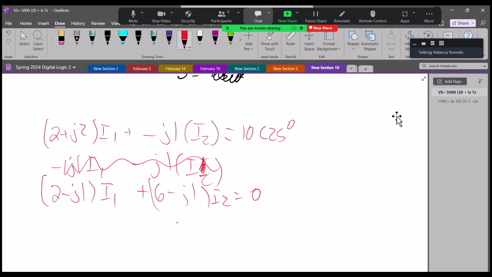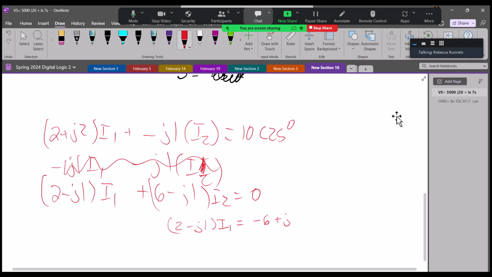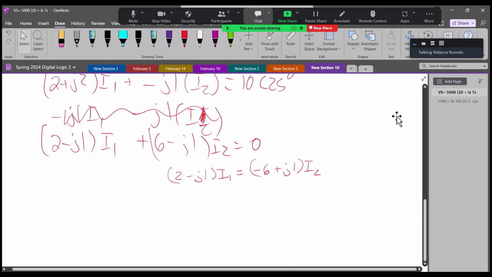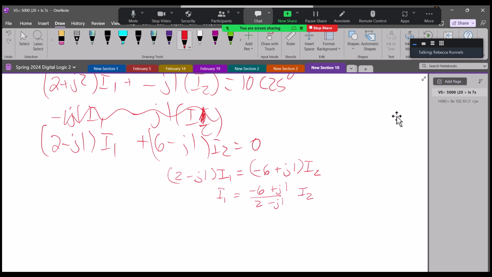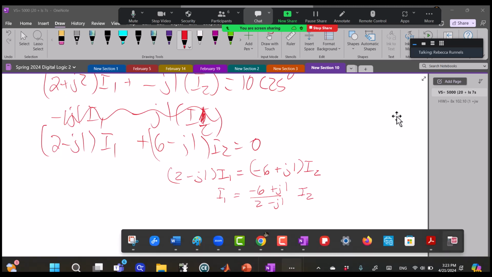So if I start with this bottom equation, 2 minus j1 I1 equals minus 6 plus j1 I2, or I1 equals minus 6 plus j1 over 2 minus j1 I2, and then I find out what that is.